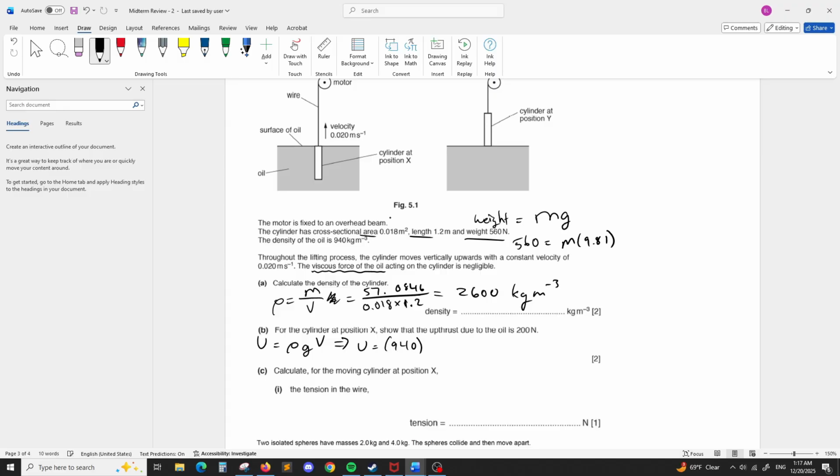So it's 940, which is given here, times the gravity constant, 9.81, times the volume. And the volume is just the volume of the cylinder, so it's going to be 0.018 multiplied by 1.2. And you should get about 200 if you round, which is to be shown.